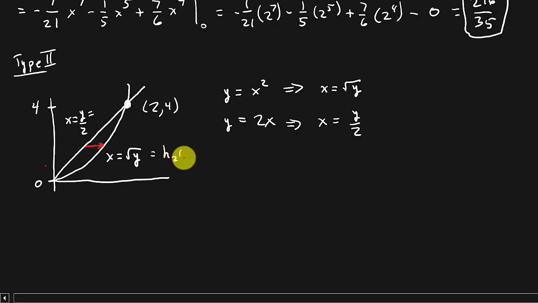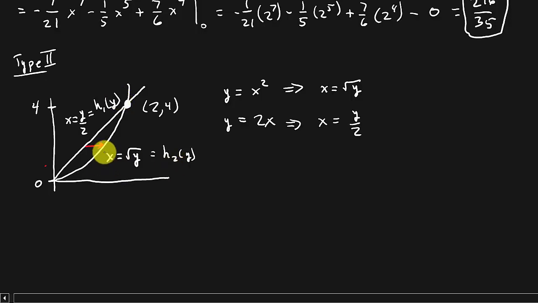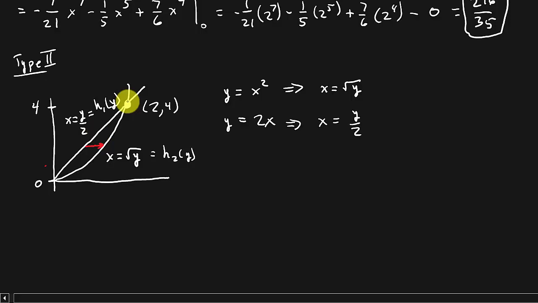This is h2 of y, and this is h1 of y. Just remember that h2 is the function on the right and h1 is the function on the left. See how this one's on the right-hand side and this one's on the left-hand side?